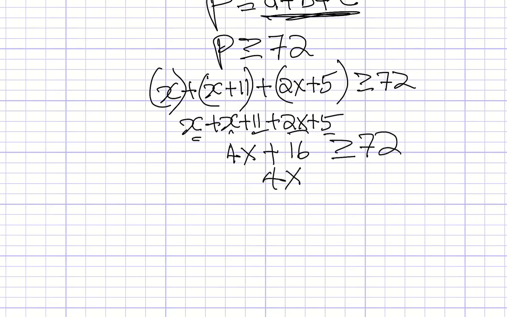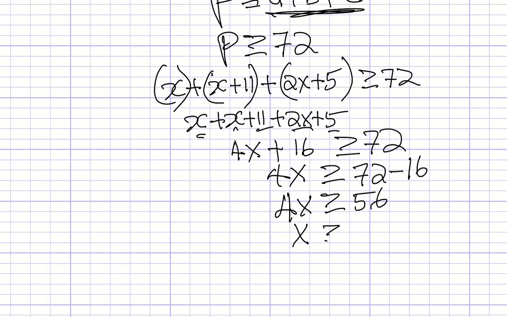So it's 4x greater than or equal to 72 minus 16. You see that, right? Make sure you see what I'm doing, that I do it the way I do it. If you take 72 and remove 16, what do you get? You get 56. 4x greater than or equal to 56, and then x greater than or equal to 56 divided by 4. If you divide 56 by 4, you get 14. So x is greater than or equal to 14.